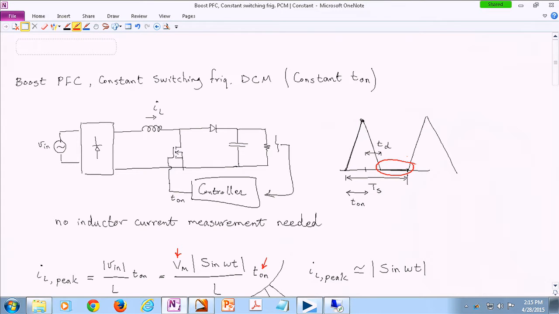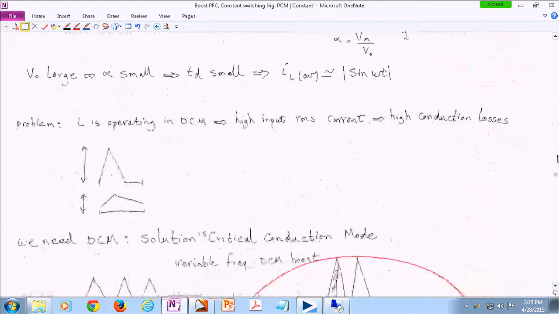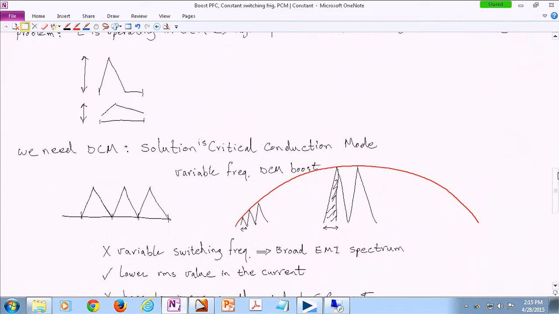Your inductor is almost off, it's not even energized, and all that is happening is your output capacitor is being discharged by the load. So an alternative approach would be doing that, which is like a critical conduction mode, meaning that you turn the switch on and then wait for T on to pass by, and then you turn the switch off and watch the current.